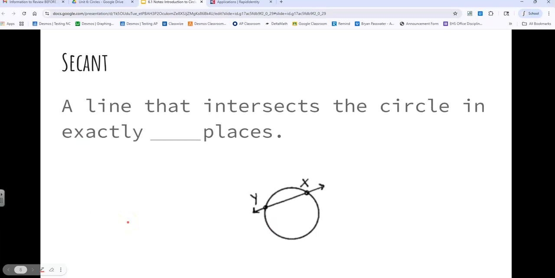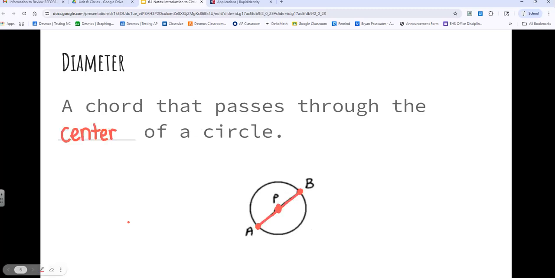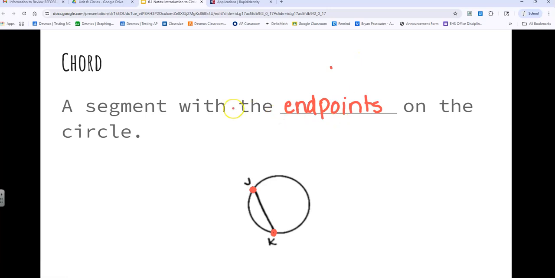All right, secant. Now I think we're getting into some words you probably have not run into before. Secant, anybody heard that one? I think this is new. So a secant is a lot like a chord. A chord has its endpoints on the circle. But notice it says here, a chord is a segment, a piece of a line.